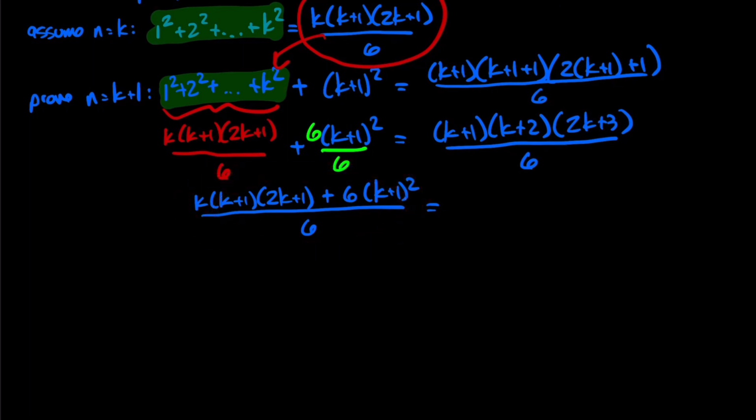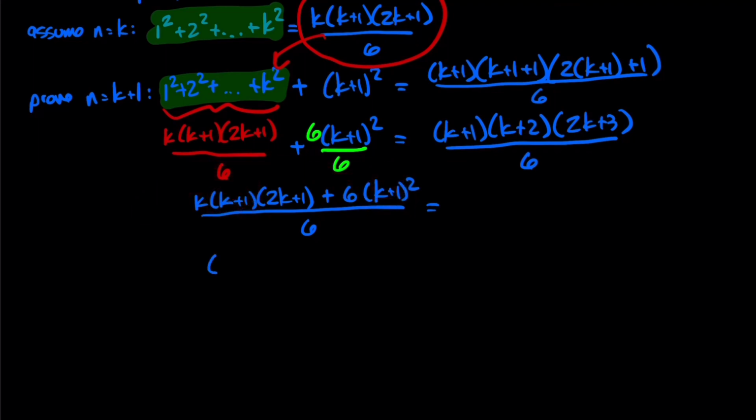And again, you could do brute force. You could multiply all this stuff out. You could FOIL that out, distribute the 6. But one of the things I notice, I've got two fractions. I've got the 6's in place already. I also notice that I have a k plus 1 here and a k plus 1 squared there. And then I see a k plus 1 here. So maybe I take these two and I factor them out as a single term.